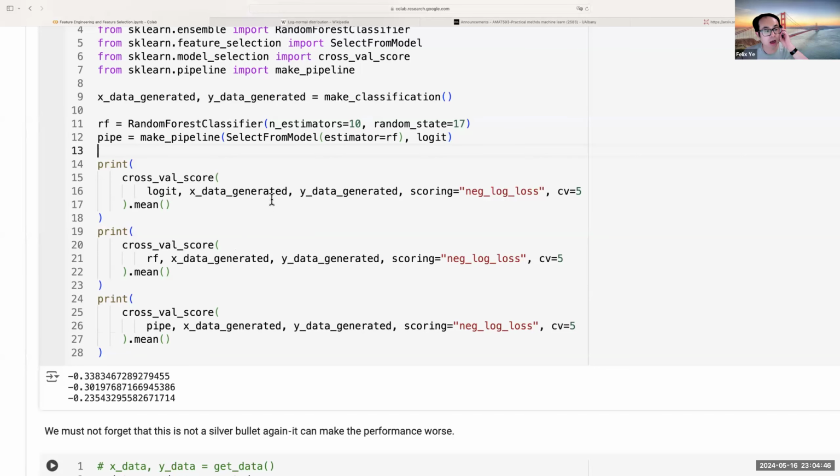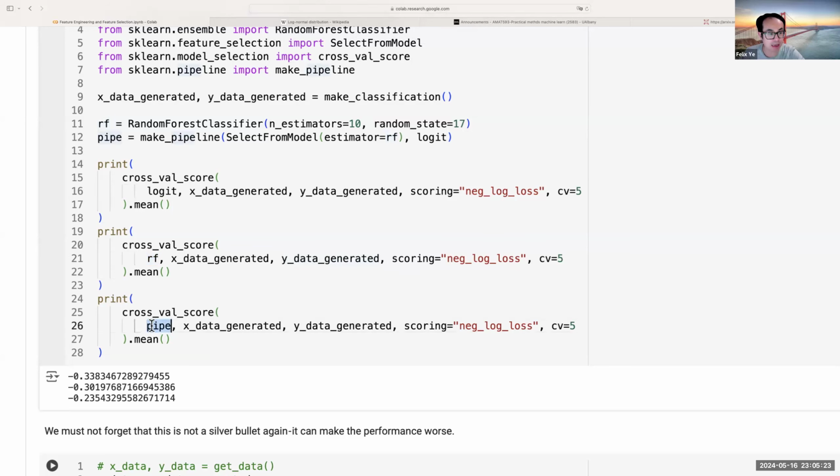All right, so this one gives you minus 0.33. Okay, so this is logistic regression here. If we use random forest to do this, it can do better, which is minus 0.3.